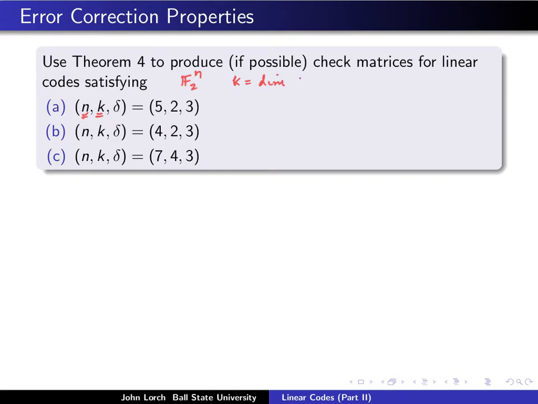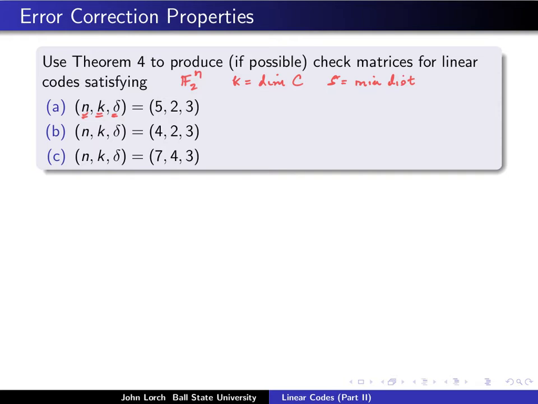So k is the dimension of our code. And then delta, remember, is our minimum distance between two distinct code words. Now I realize that the slide says that we are to have delta equaling 3, which would certainly give us a 1 error correcting code.